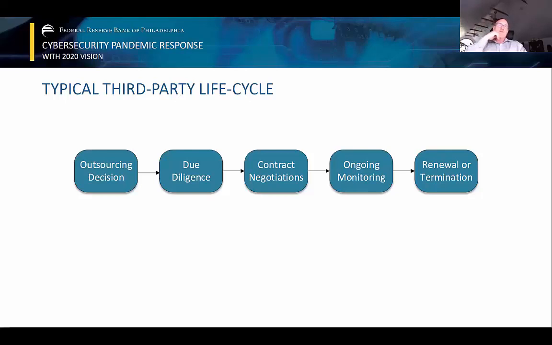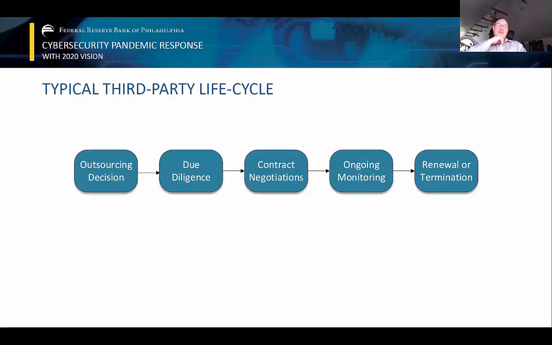If you have limited resources, you want to take a risk-based approach where you do more activities for the riskier third-party relationships. With ongoing monitoring, you'll have periodic activities, again driven by tiers, but you'll also have triggering events that may get you doing some additional third-party risk management activities.